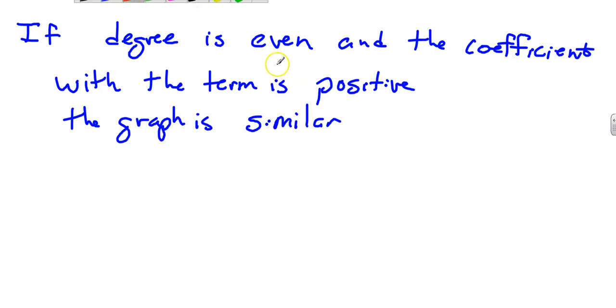And again, it always comes down to if it's even or odd, because you've got two different options. If your highest powered term is even, it's going to be similar to x squared.